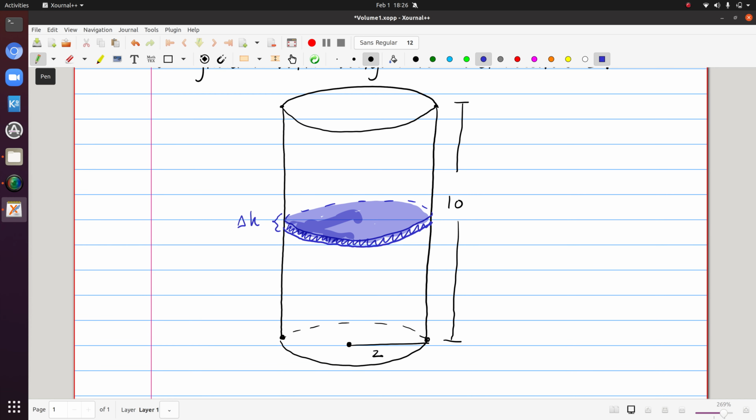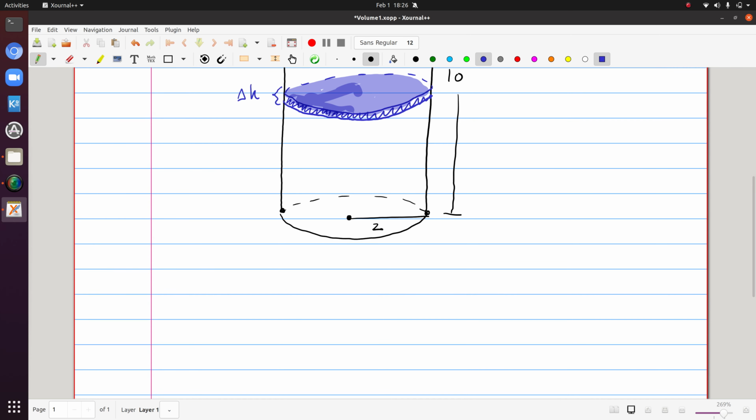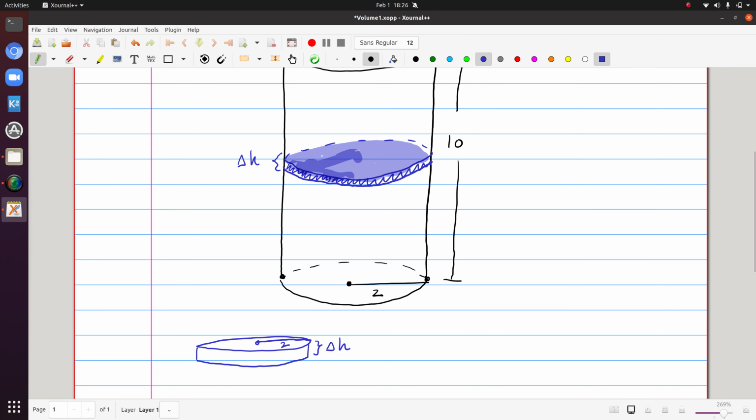If I'm thinking of one of my slices, the kth slice, we know that we're going to get a very, very short cylinder. I say very, very short because we know that we usually choose many pieces. The height of this cylinder is delta h, and the radius of this cylinder is exactly the same as the radius of the original cylinder.